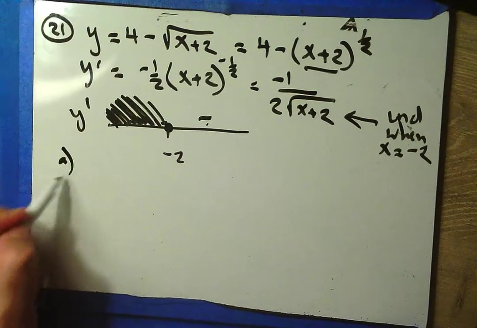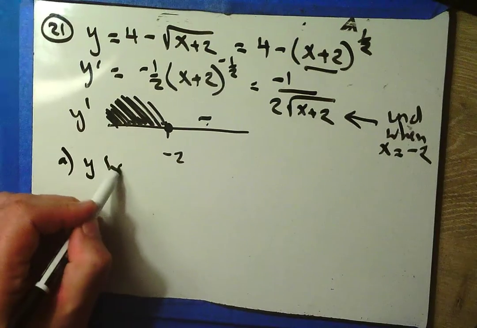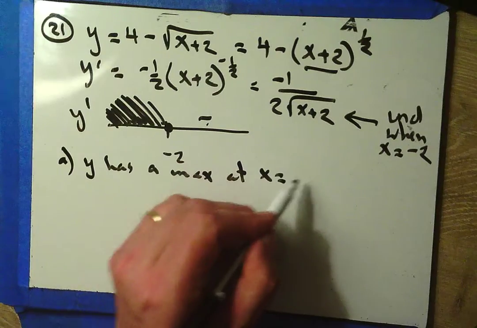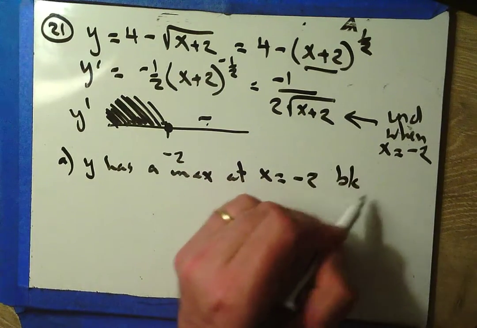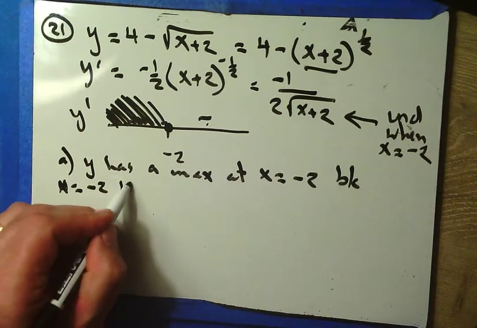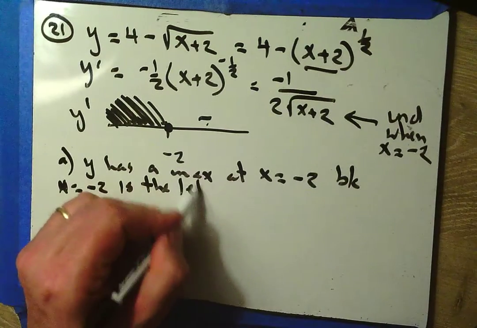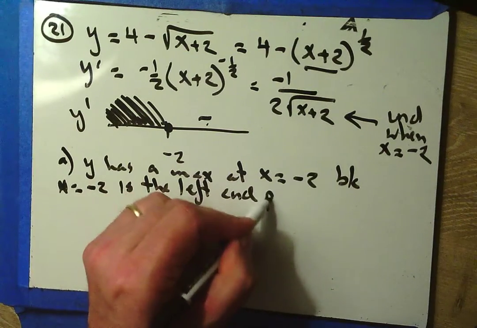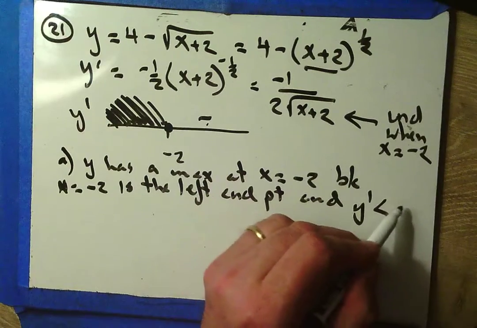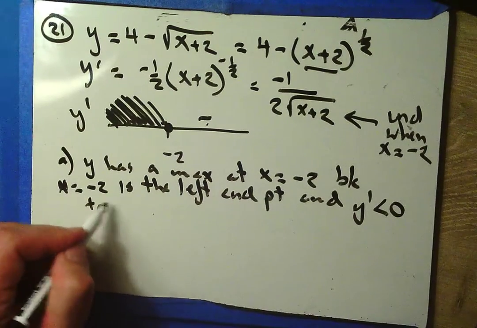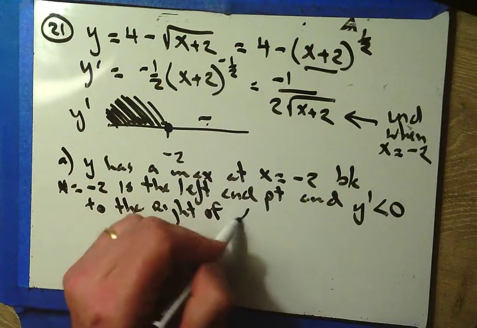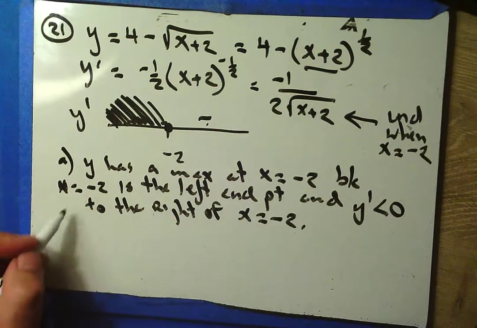So for part A, I say y has a max at x equals negative 2 because x equals negative 2 is the left endpoint, and y prime is less than 0 to the right of x equals negative 2.